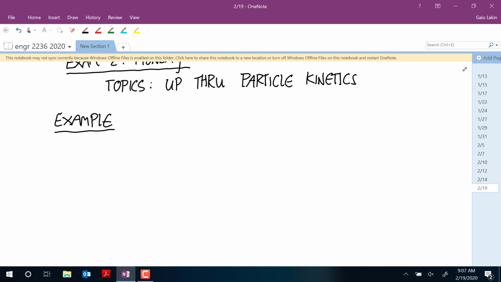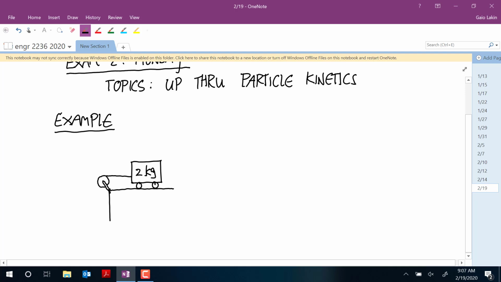So let's say that we have a cart on rollers. Let's say that this is 2 kilograms. And then we have this idealized pulley, and there's a cable. This is supposed to be horizontal, connecting it to a hanging mass of 0.5 kilograms.